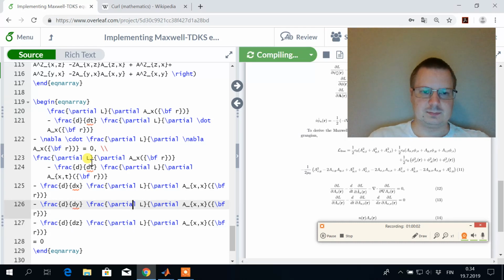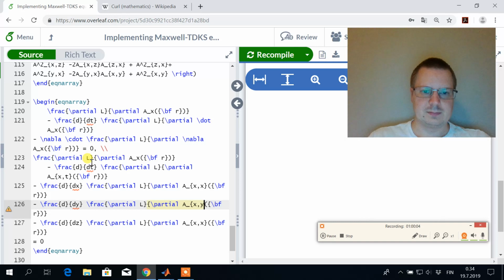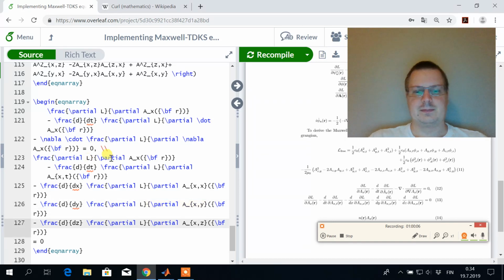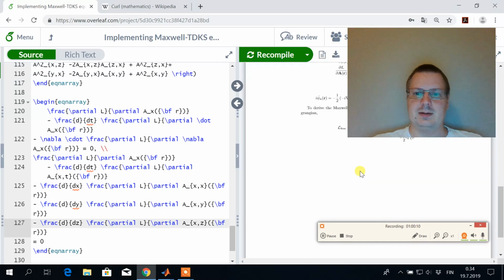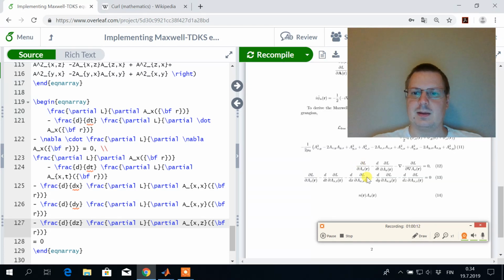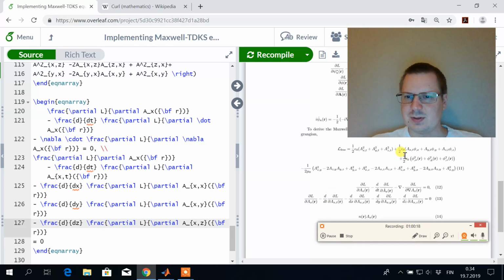And so we search for a partial derivative of ax comma t. That's here. And so we get epsilon 0 axt. And then we get the time derivative and minus.